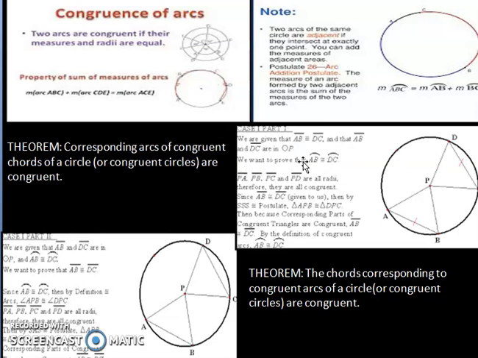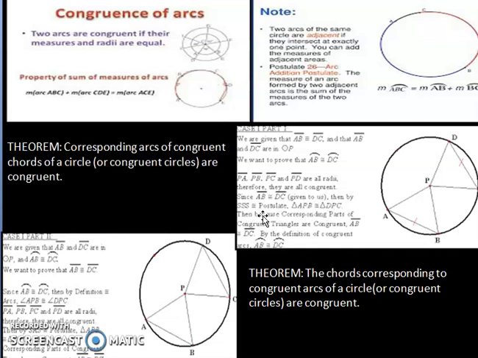What do we want to prove? The measure of arc AB is congruent to the measure of arc DC. Here PA, PB, PC and PD are all radii of the circle, which means they are all congruent. Segment AB is congruent to segment DC because it is given.